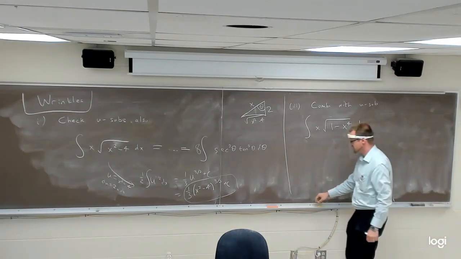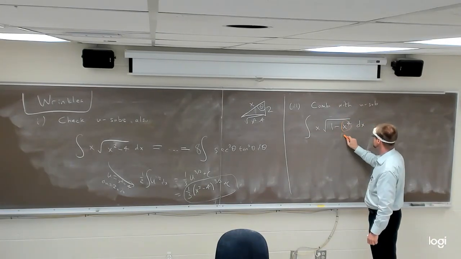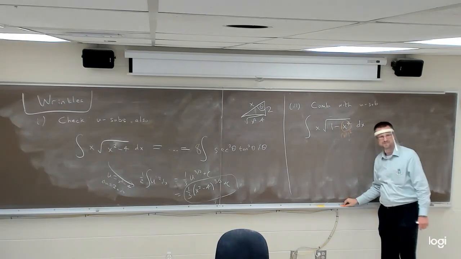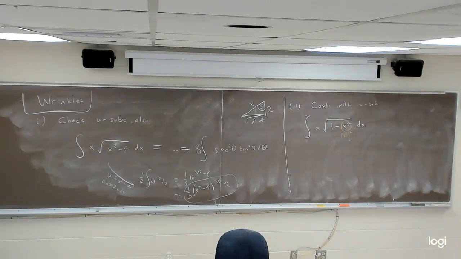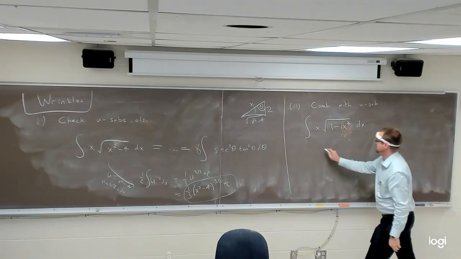But among the tricks that we've seen multiple times now in this class, x to the 4th is x squared squared. So one of the things I might want to do is create a more Pythagorean situation here by subbing for x squared.